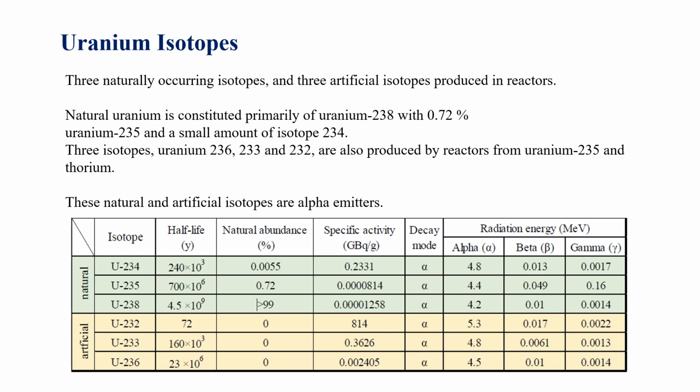These are the natural and artificial isotopes, which are your alpha emitters. So again, your natural isotopes are uranium-234, uranium-235, and uranium-238. And your artificial are uranium-232, 233, and 236.